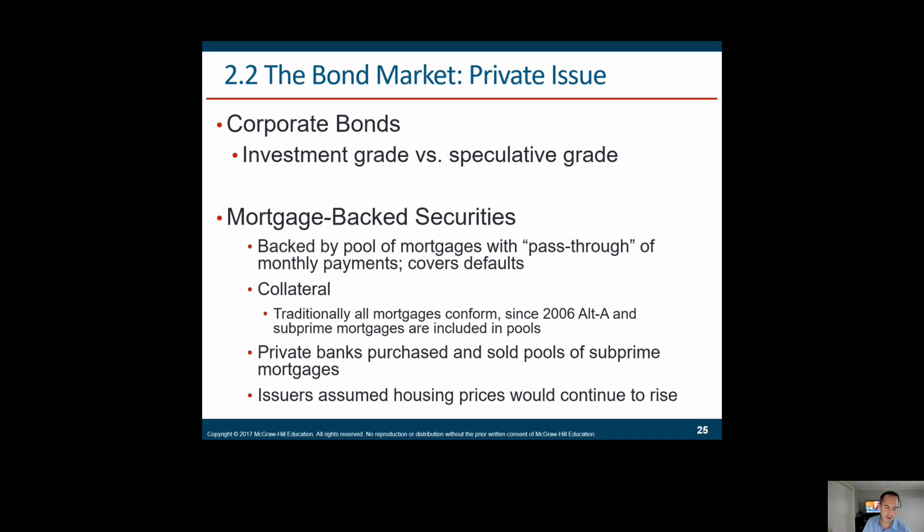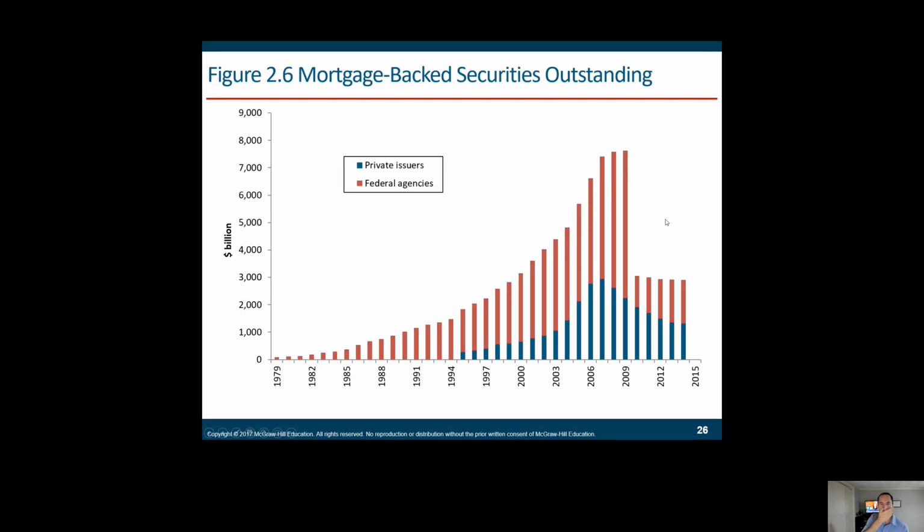It's only in '07, '08, '09 where it was a little bit of a challenge compared to history. When the home boom was taking place, there were a lot of mortgages written. But after the crash, there was actually a shortage of those securities as home ownership declined significantly after the financial crisis.